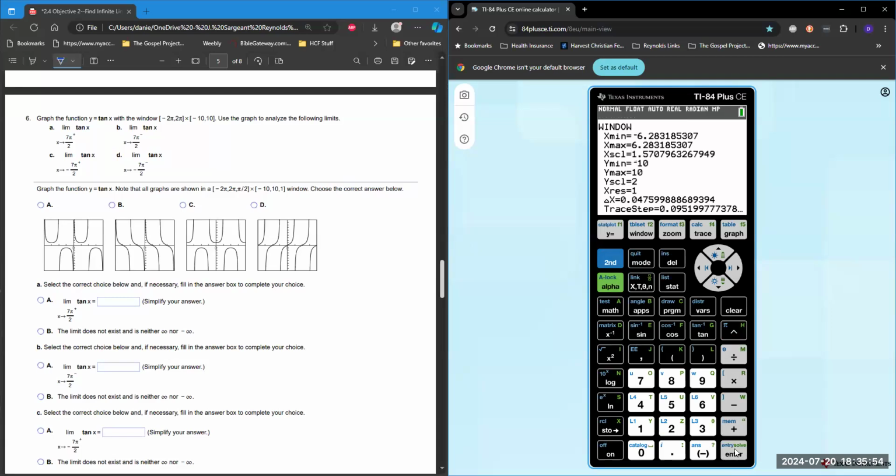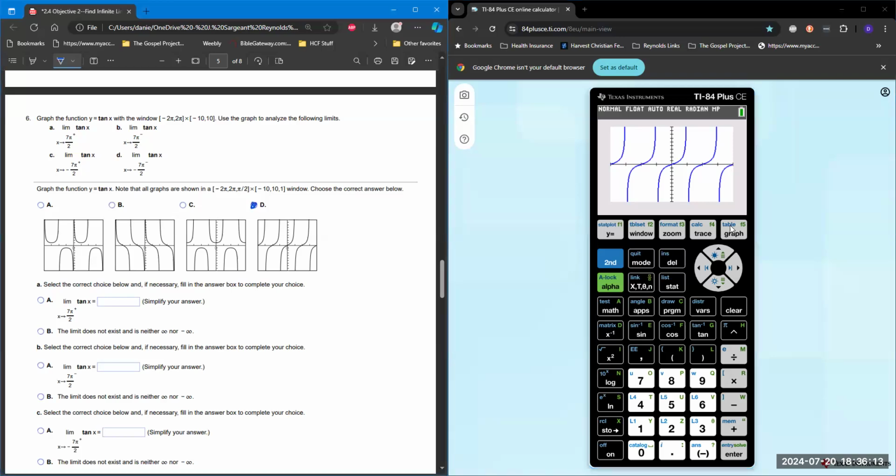And then -10 to 10 by ones. Okay, and let's make sure that we are in radian mode. Good. All right. Looks like that. So that's D.